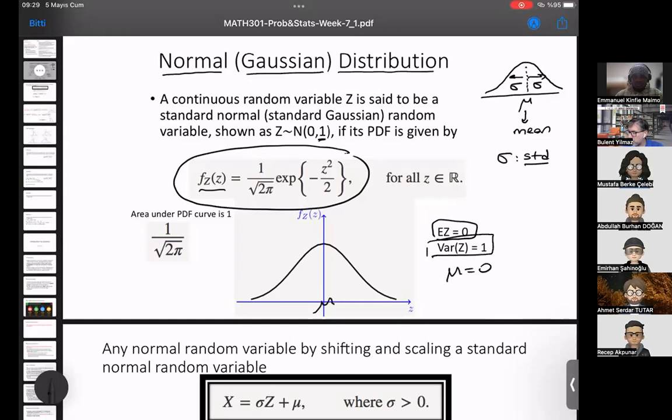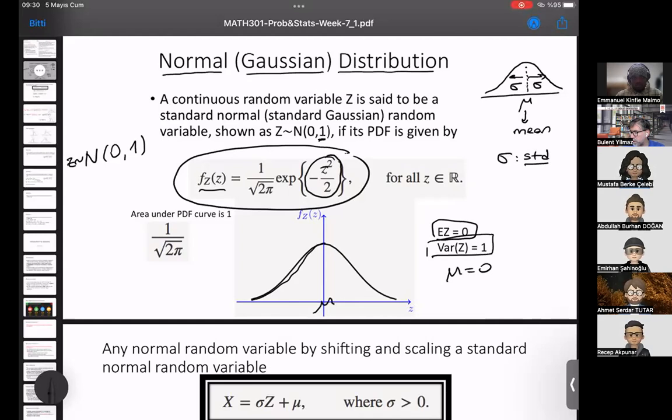Either you show it as a normal distribution with 0 mean and variance 1, and your random variable is z. Then how do we get the variance from the plot? We don't get it from the plot because you have to see it from here, okay, Emmanuel?